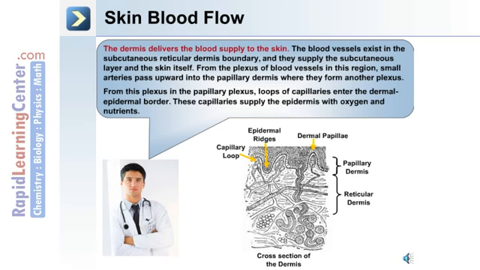Here they form another blood vessel plexus. From this plexus, in the papillary area, loops of capillaries enter the dermal epidermal border, and these exist in the dermal papillae. These capillaries supply the epidermis with oxygen and nutrients.